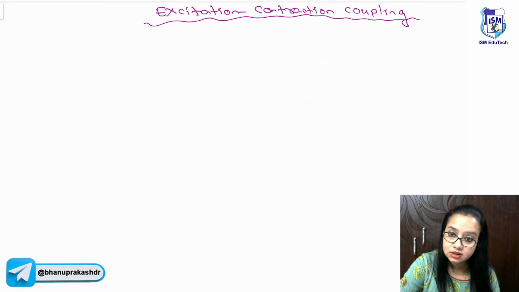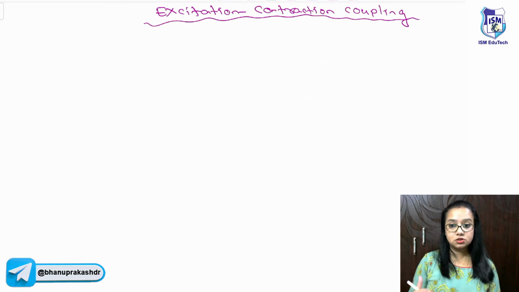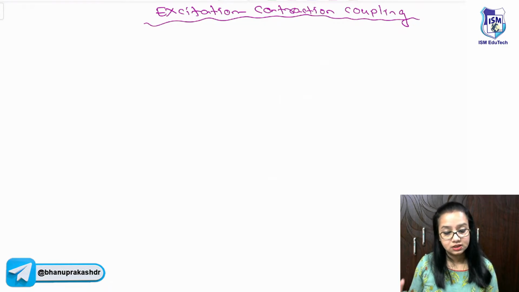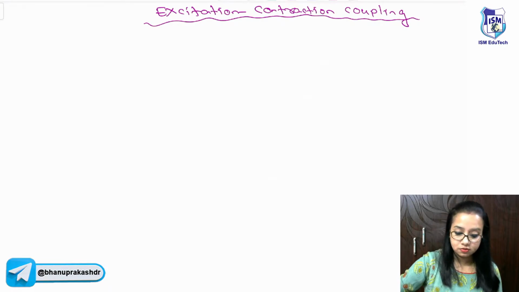We have also understood that for the process of contraction, the first start point is when an impulse will flow all the way to the axon and release a neurotransmitter, excitatory neurotransmitter, and it will relay the wave of depolarization to the post-synaptic membrane, that is the sarcolemma of the muscle fiber, right?